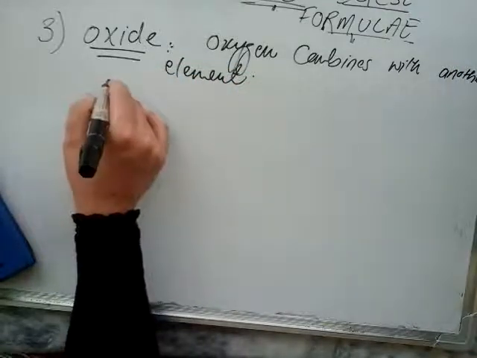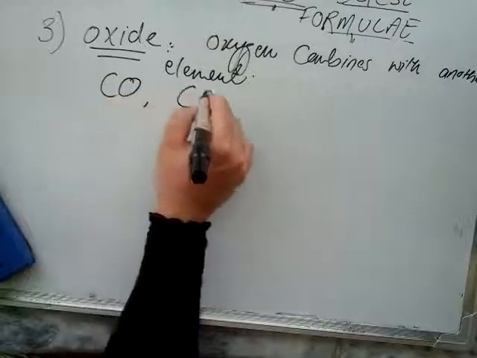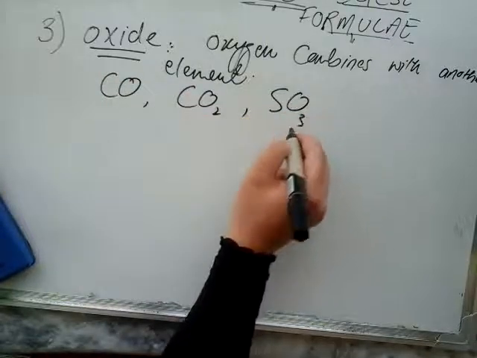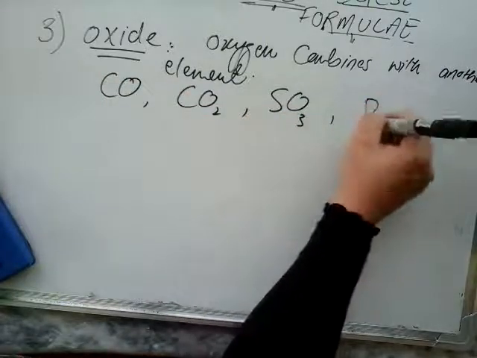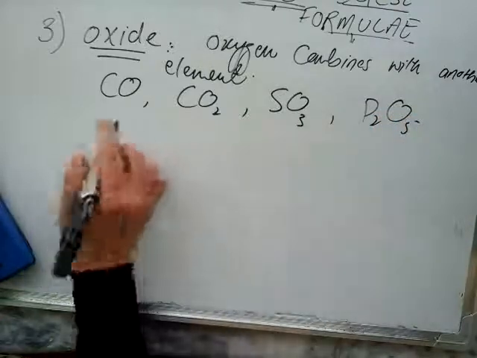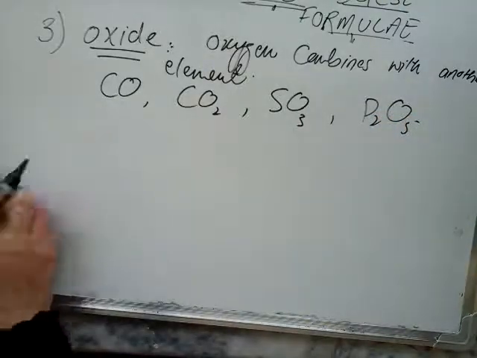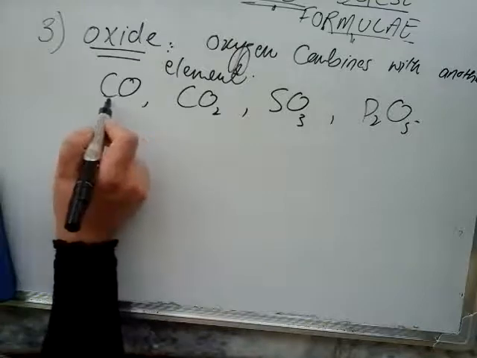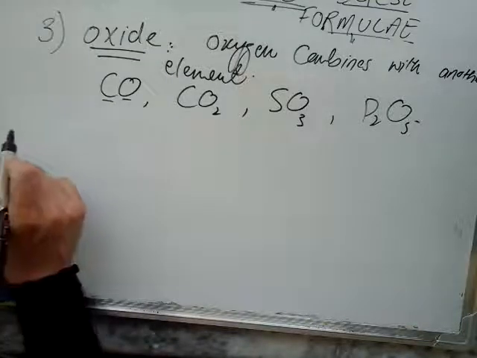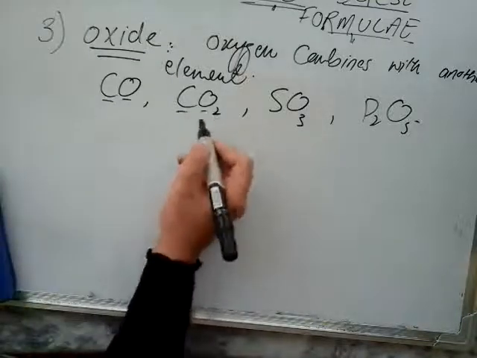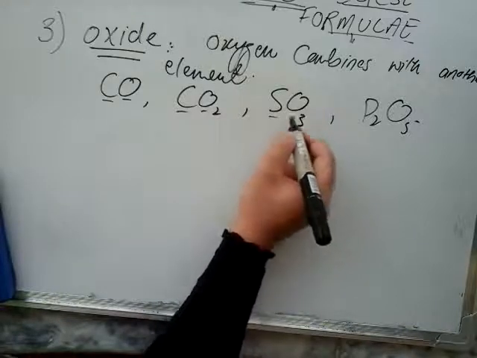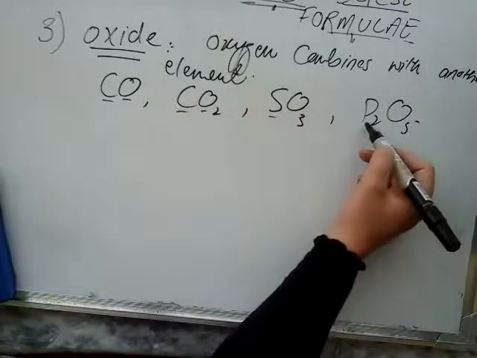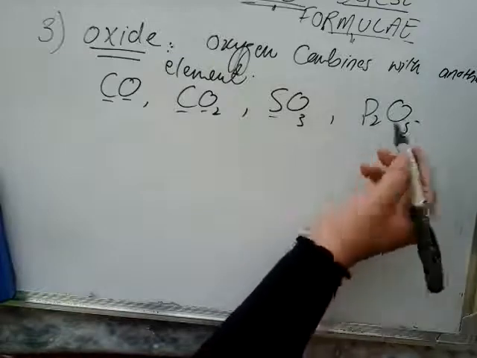Okay, for example, carbon monoxide, carbon dioxide, sulfur trioxide, phosphorus pentaoxide. You can see two elements, one carbon, one oxygen, one carbon, two oxygen, dioxide, one sulfur, three oxygen, trioxide, two phosphorus, five oxygen, pentaoxide.